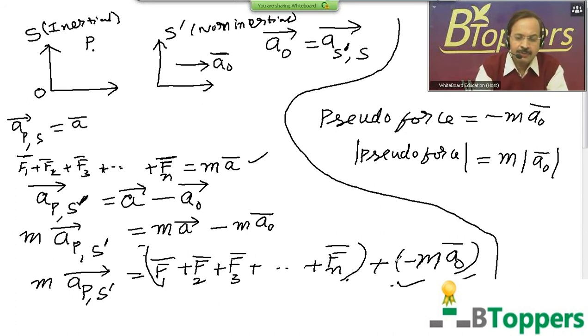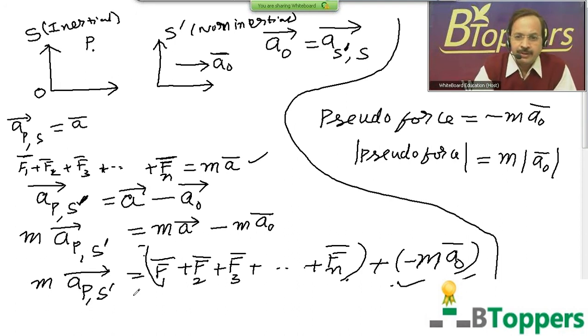In addition to all these real external forces, we also show the pseudo force in the free body diagram. The direction of pseudo force is taken opposite to the direction of the acceleration a naught bar of the non-inertial frame with respect to the inertial frame. Then we can apply Newton's laws of motion by equating the vector sum of all the real forces and the pseudo force to the product of mass and acceleration of the particle with respect to non-inertial frame. Of course, my discussion will be more clear for you when we discuss some examples based on this discussion.